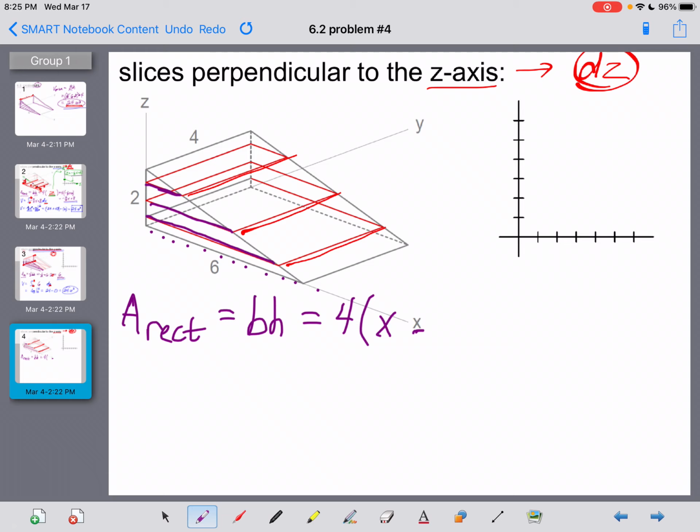So the x-coordinates of those points give you the height of each one of those rectangles. So the 4x is correct, but we've got to get that x now expressed in terms of z. Now, this is going to sound familiar.